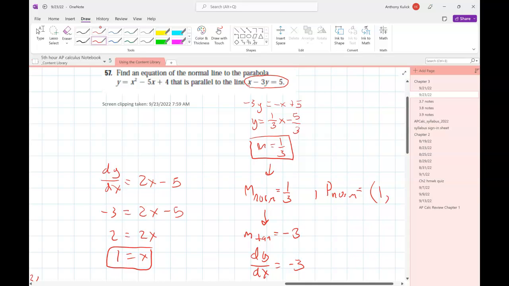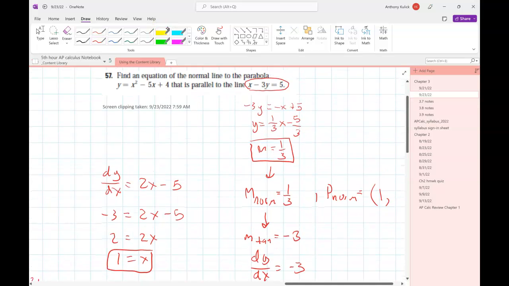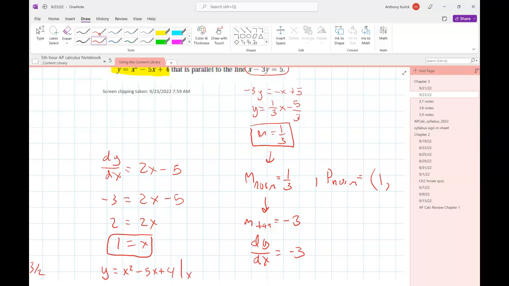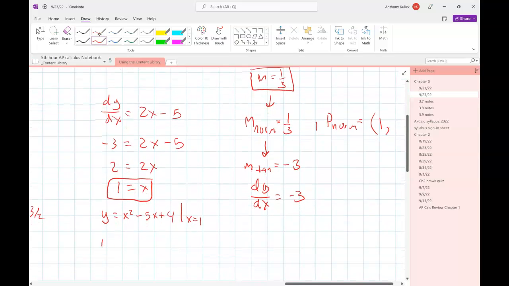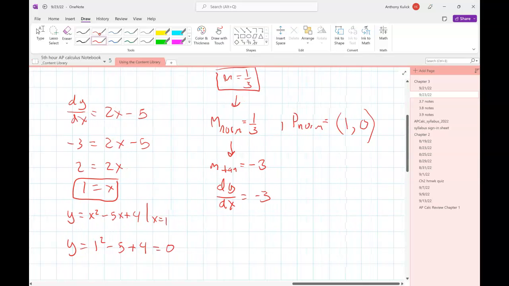What is its y-coordinate going to be? I'm going to have to go back to the function now and plug that x value in. So when I do that, I get the y-coordinate is 0.